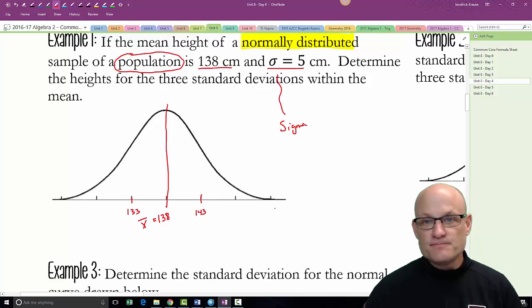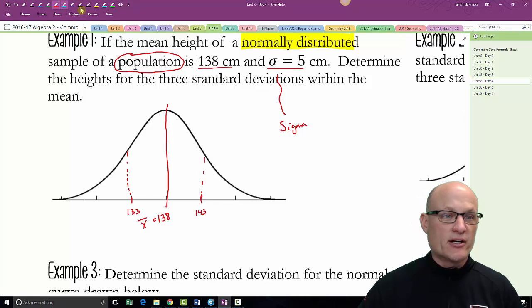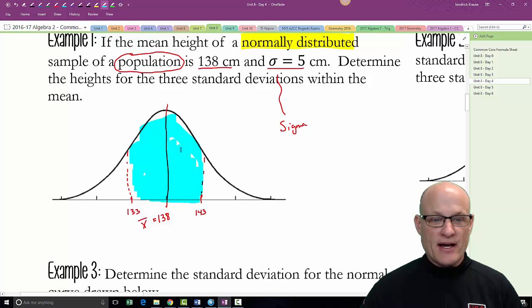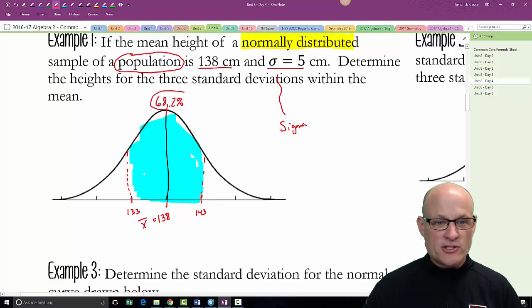Now, in this area right here, which I'm going to highlight in blue, I would expect to find 68.2% of whatever I just tested. Whoever these kids are, 68.2% of them will be within 1 standard deviation.